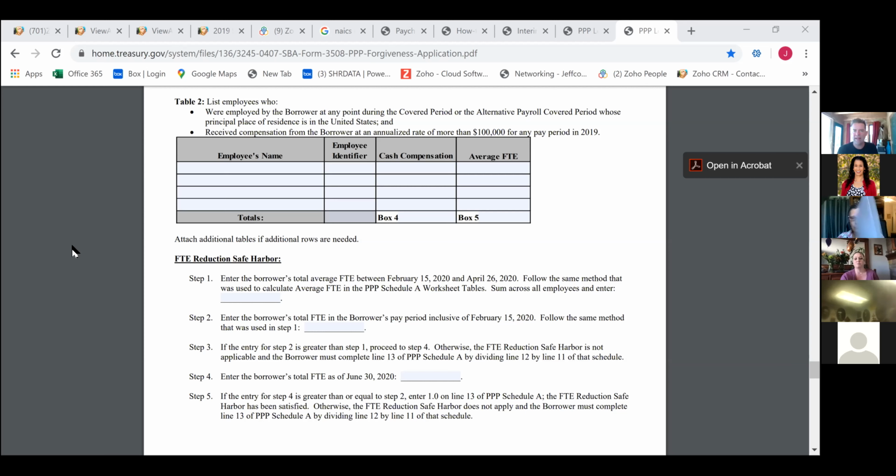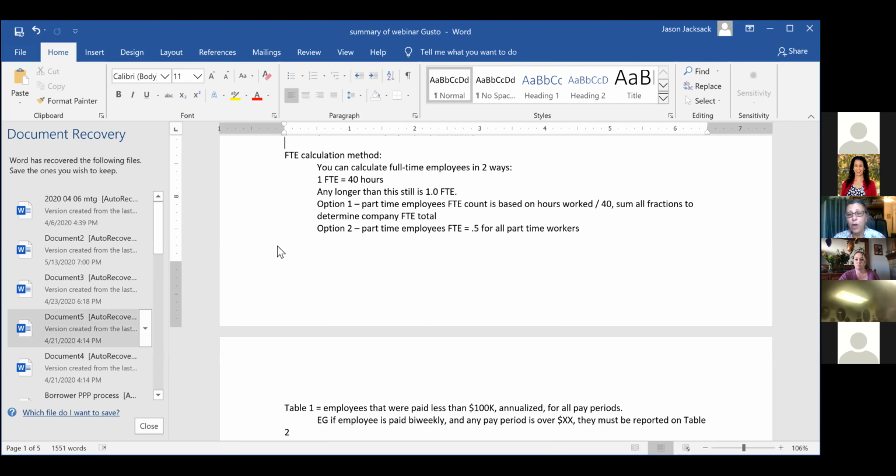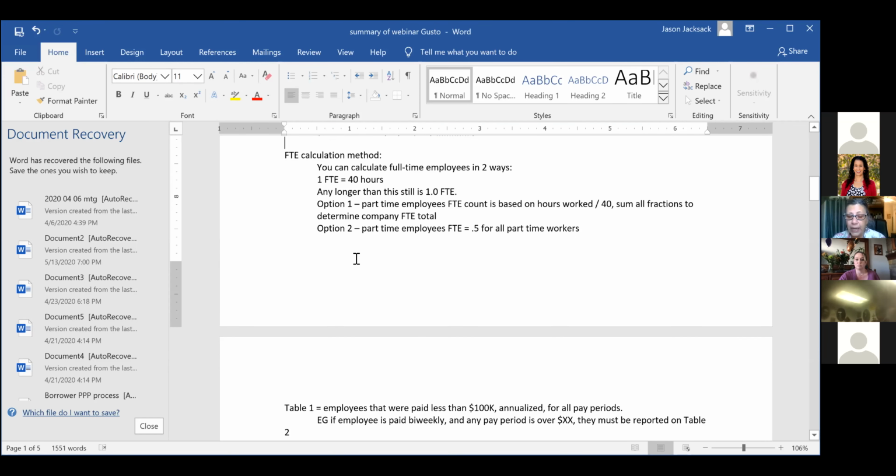The third reason is if they voluntarily accepted reduced hours. Those are the three things that would go in the salary hourly wage reduction.